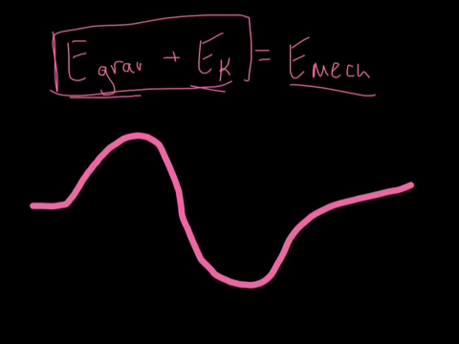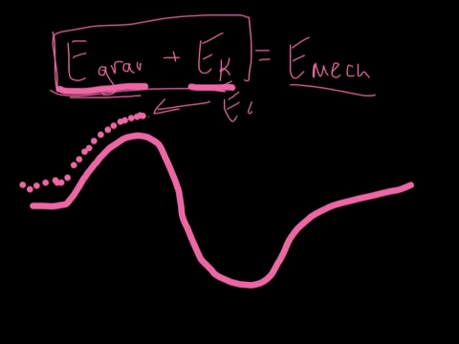Now, a roller coaster is going to start off and it's got energy as it travels, and as it travels up to the top of the peak, it has all gravitational potential energy and zero kinetic energy. So at this point on the roller coaster, we would say that this is all gravitational potential energy.